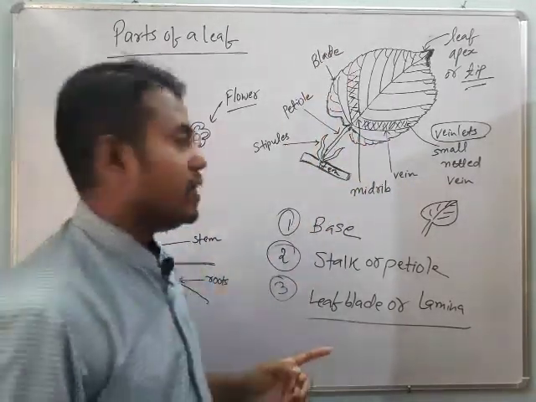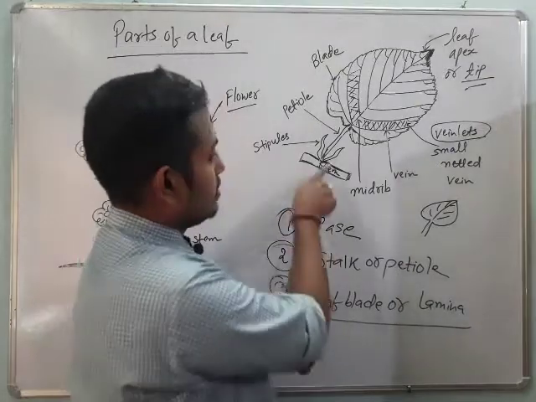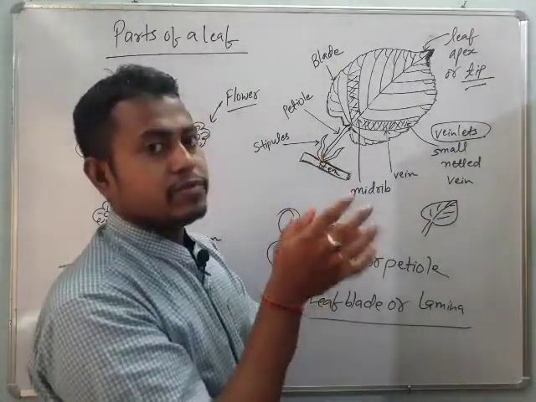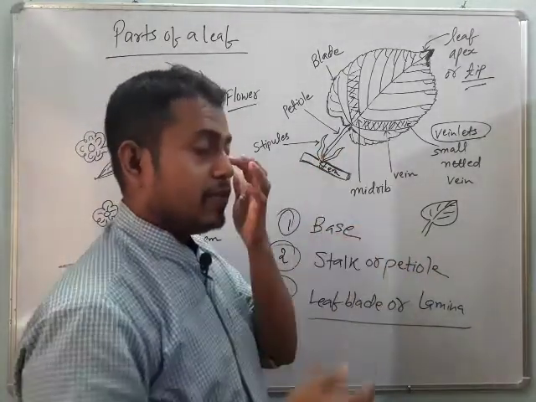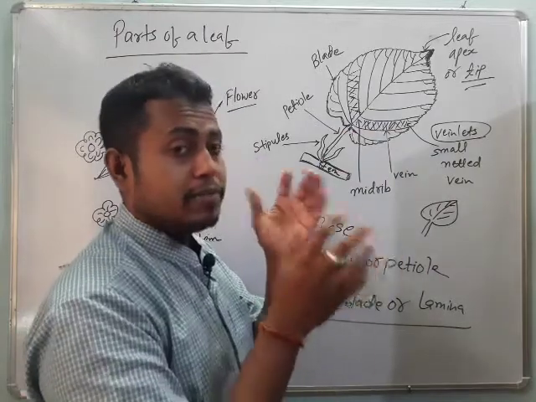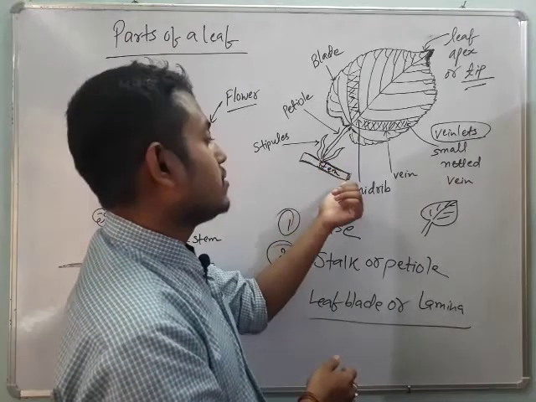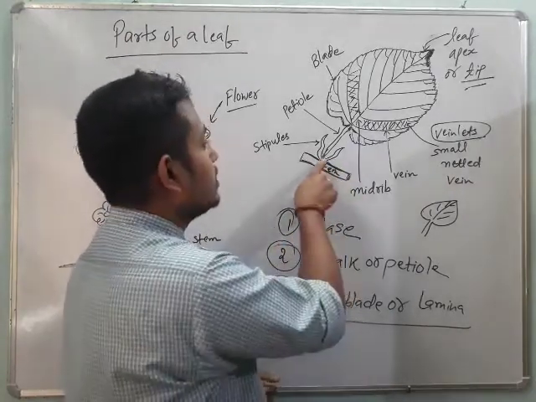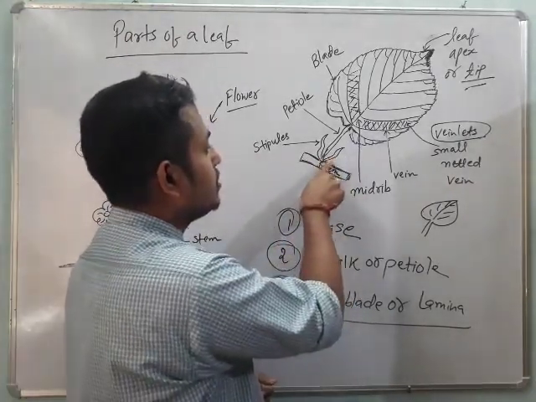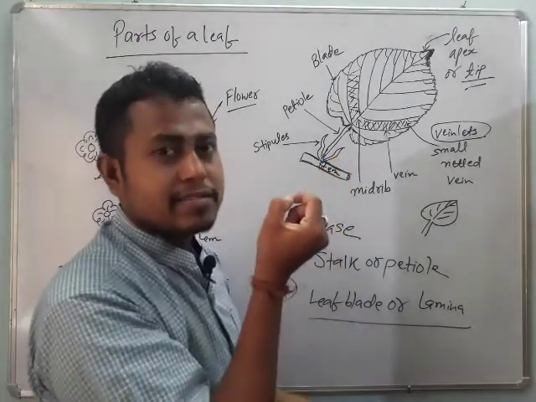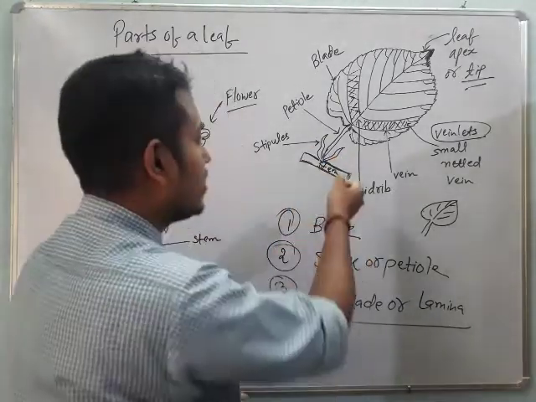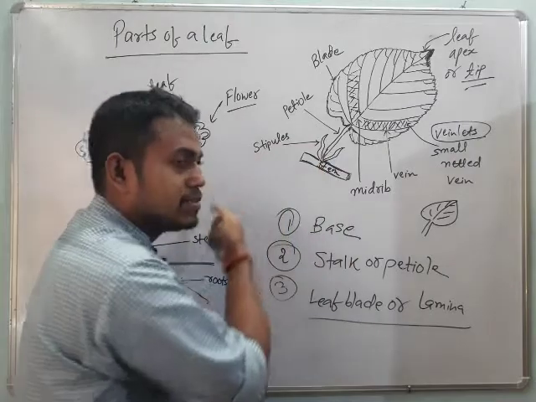Okay, leaf blade. Now see, sometimes in the plant, when the leaf gets connected to the base of the stem, you will find small grass-like structures there, right? That is called stipules.